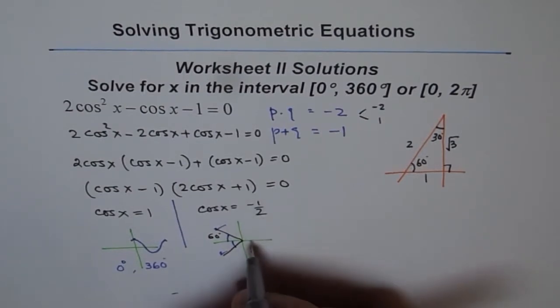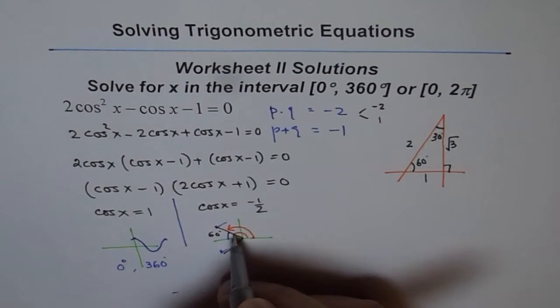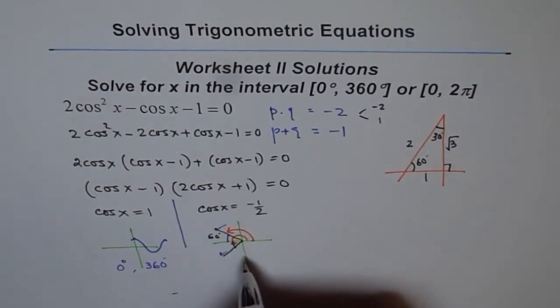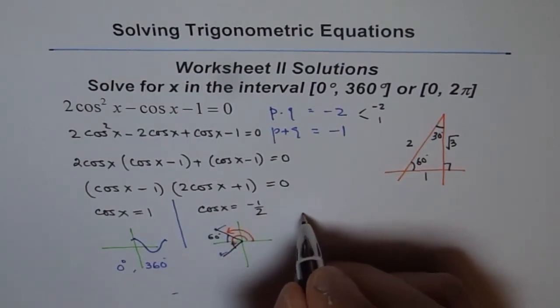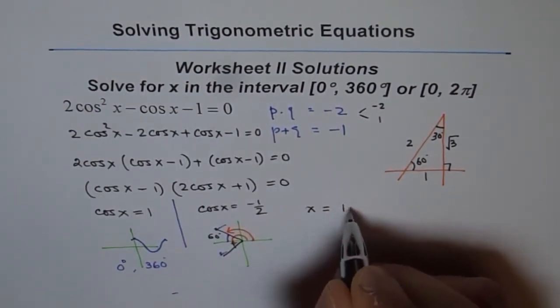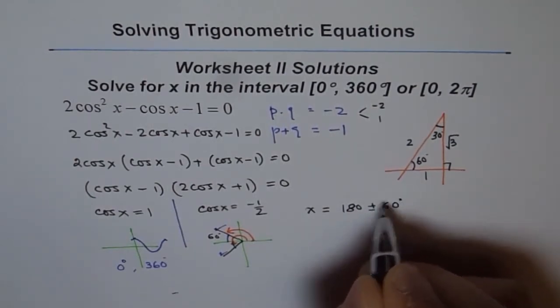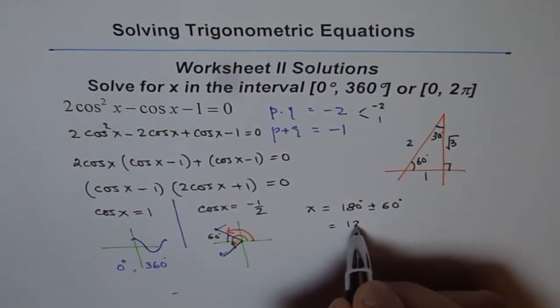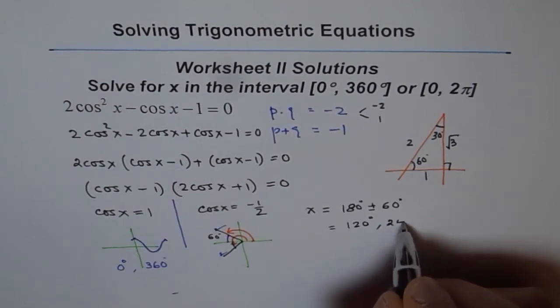The principal angle for us is 180 minus 60 or 180 plus 60, correct? So that gives us two solutions. So for cos x equals to minus half, we have x equal to 180 plus and minus 60 degrees, correct? So that is either 120 degrees or 240 degrees, correct?